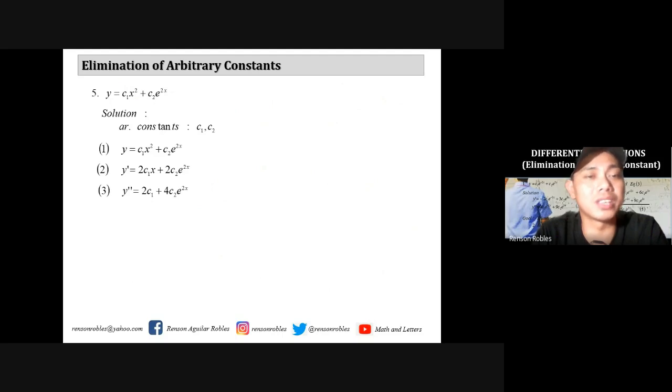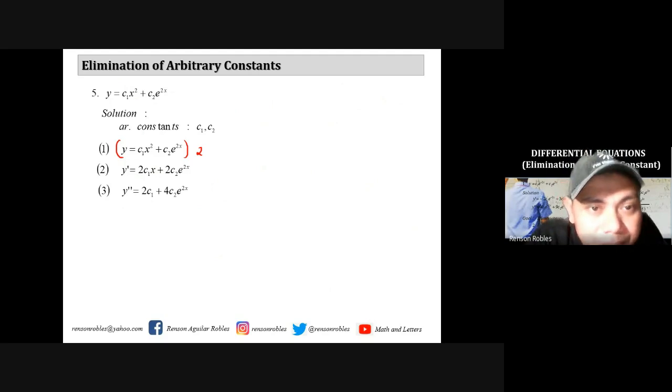And then by elimination, we can eliminate C1 or you can eliminate C2. And that can be done if you multiply 2 to equation 1. All right.